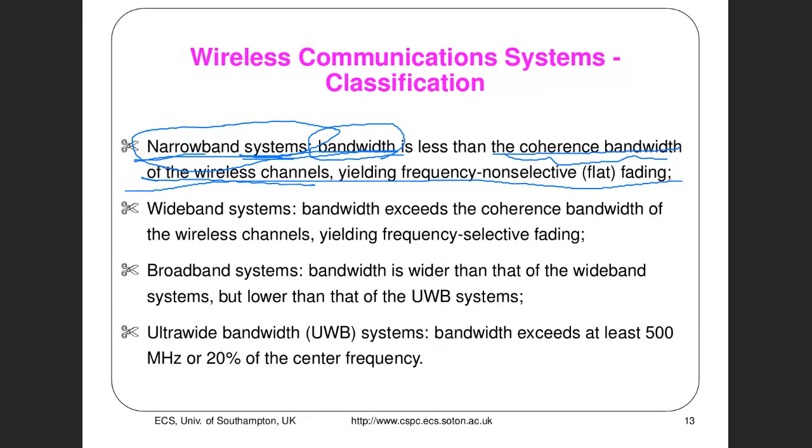So you can understand, just think of it as channel bandwidth. But the definition is the coherent bandwidth of the wireless channel. We will revisit the concept of coherent bandwidth in a later part of the course.